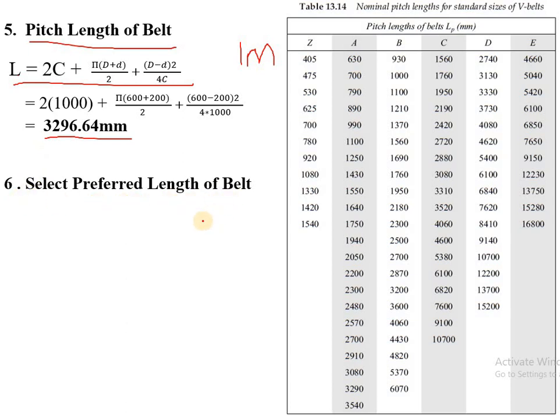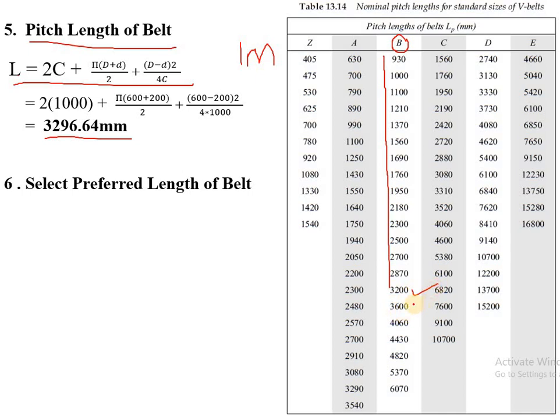Once you have got this, the next step is to select the preferred length of belt. Similarly to the pulley diameter, where we found D and then checked for standard values, we are finding L and checking for the standard values. Again, it depends on the cross section, and our cross section is B. Now check for this value, 3296. Coming to the downward section, 3200 and 3600.